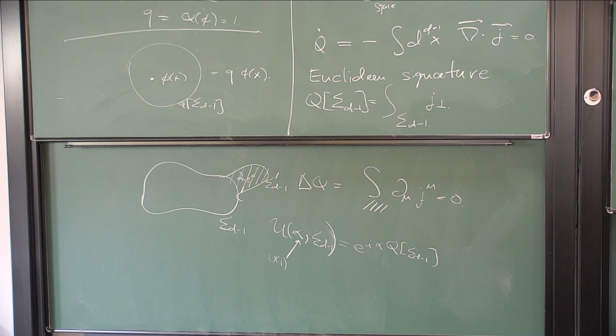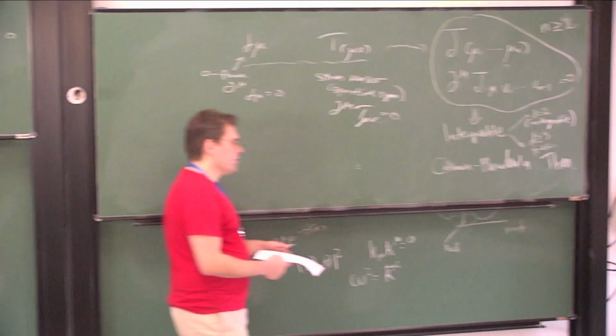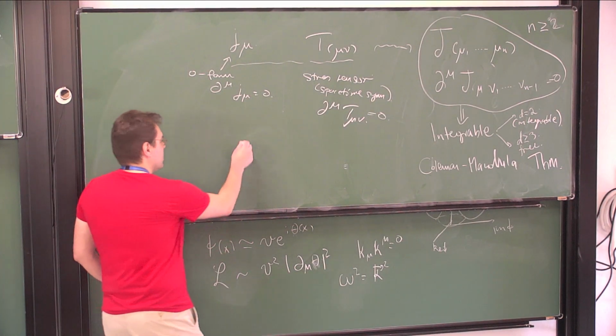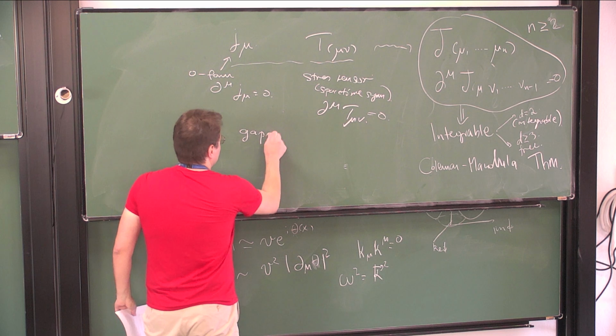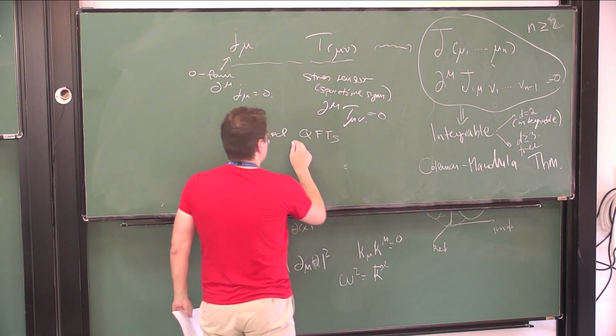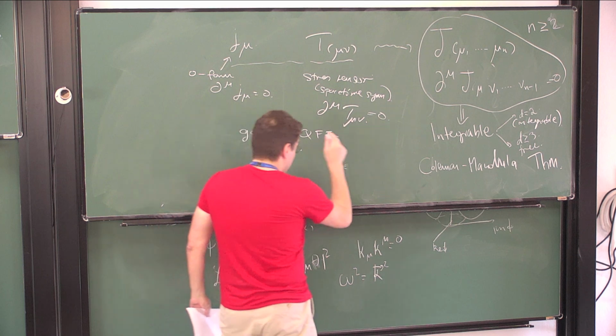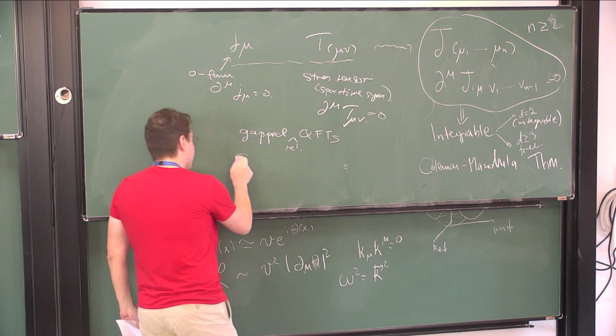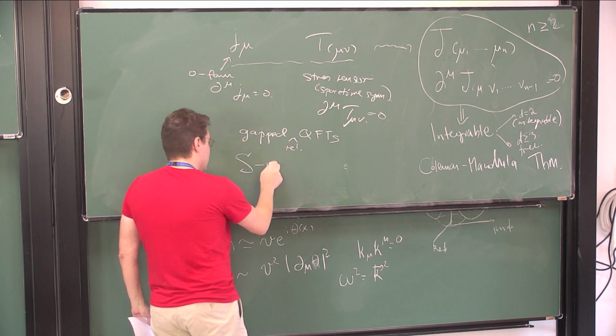Yeah? State again exactly what are the assumptions and what's the conclusion of the theorem? Well, the context in which Coleman and Mandula proved it was that they were considering gapped, relativistic quantum field theories in which the S matrix exists.